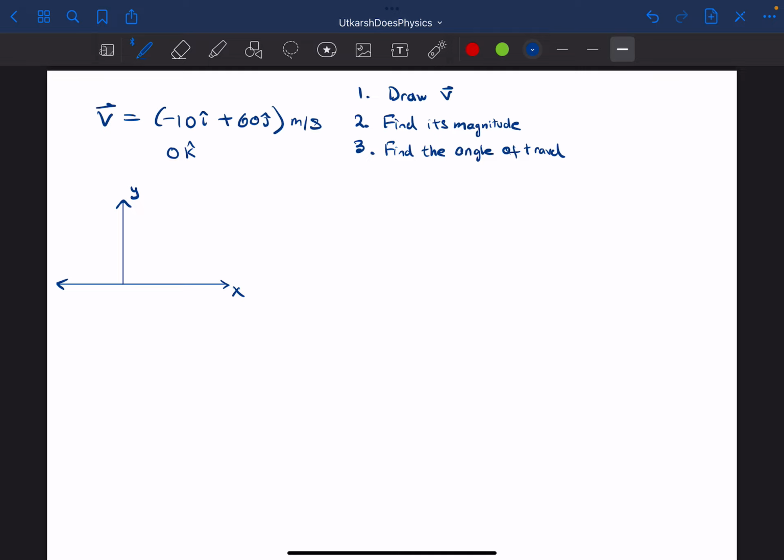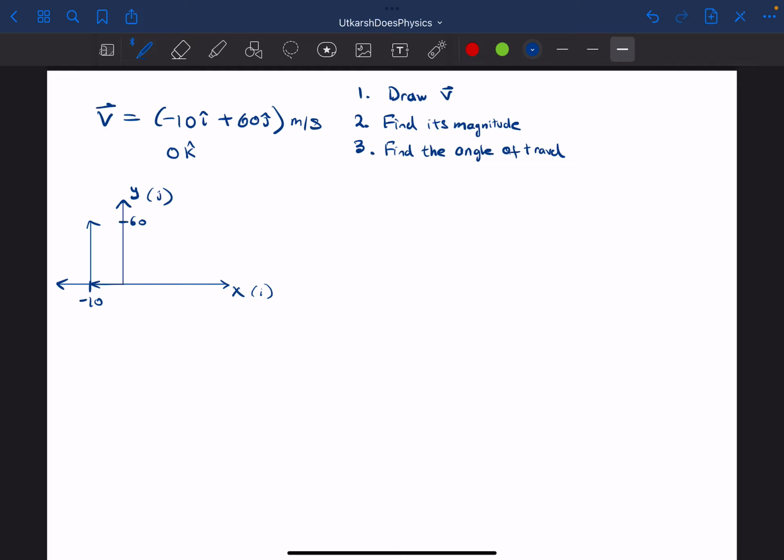So computing this out now, we're first going to draw the vector. X is also known as I, and Y is also known as J. So we're going to go minus 10 in the I direction, and then we're going to go up 60 in the J direction.